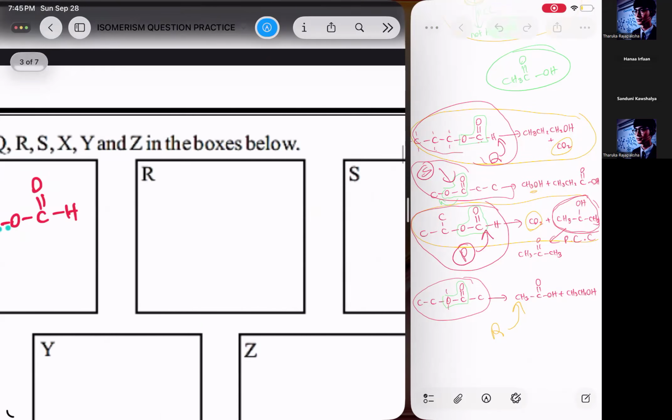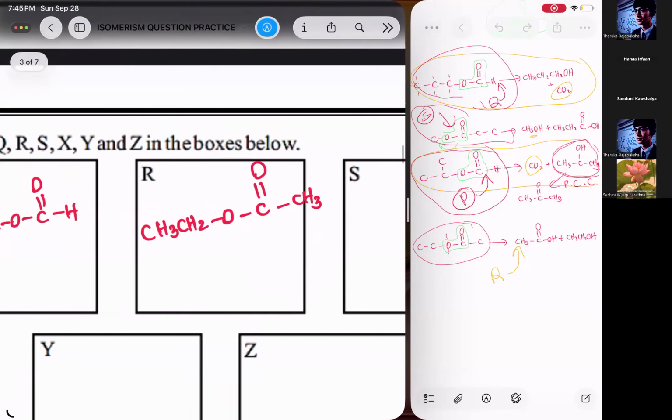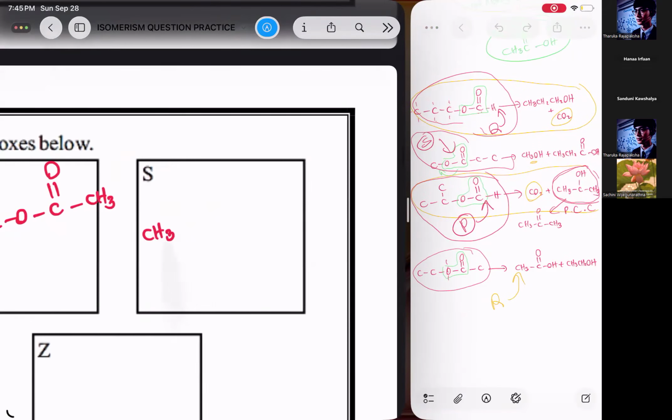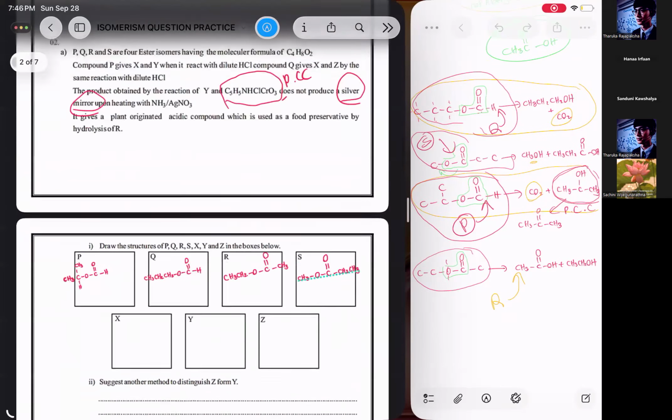R. R is this: CH3, CH2, O, C double bond oxygen, H3. Then S is this: CH3, O, C double bond oxygen, CH2, CH3. So there you go, P, Q, R, and S.